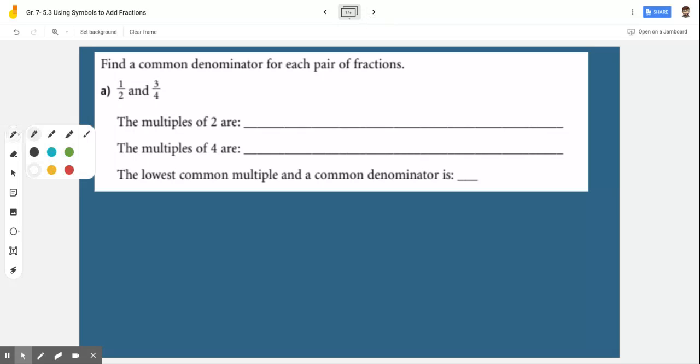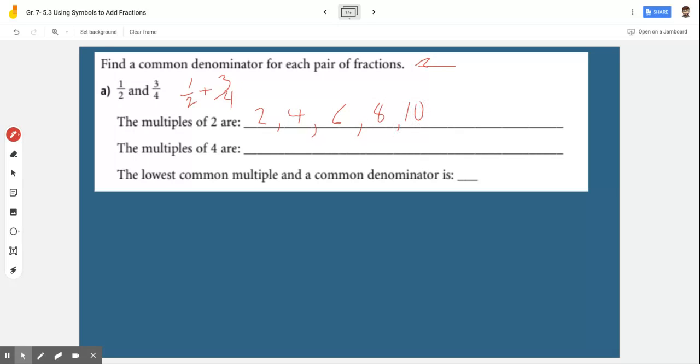In terms of doing this on a list, a simple way is to create a chart that looks just like this. So if I'm going to find out what 1/2 plus 3/4 would be, I would list all the multiples of 2: 2, 4, 6, 8, 10.